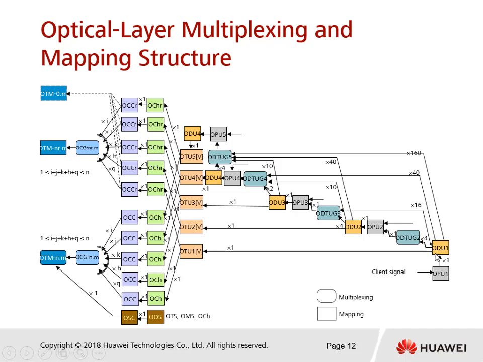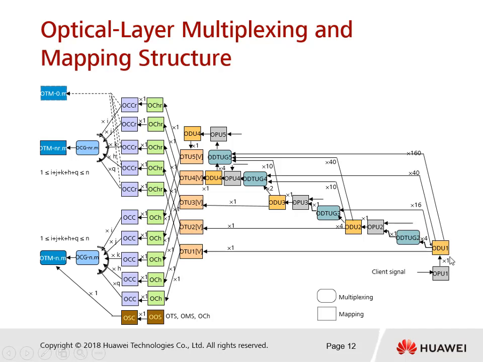For example, first we have the client signals. The client signals will first go to the OPUK. And here we use the OPU1. That means this client signal, the red one, is 2.5G.